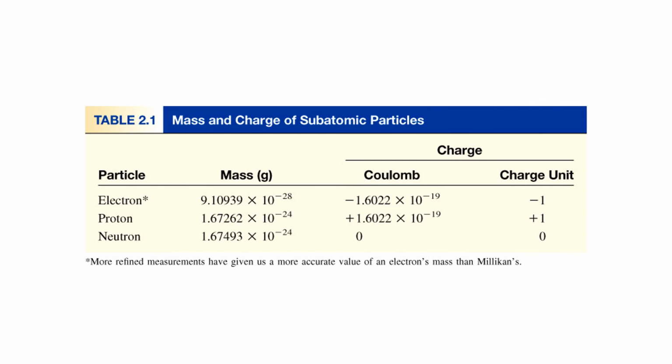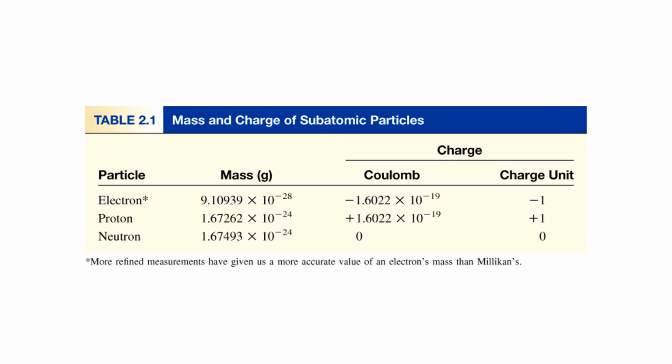This is a table from your text, and it just summarizes the characteristics, or the masses and charges, of those subatomic particles: electron, proton, and neutron. You do not need to know masses in grams. We don't work with those.